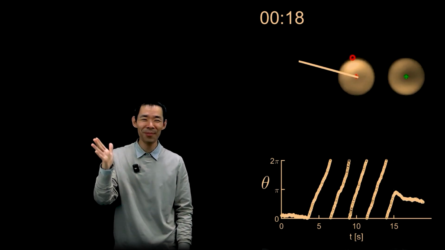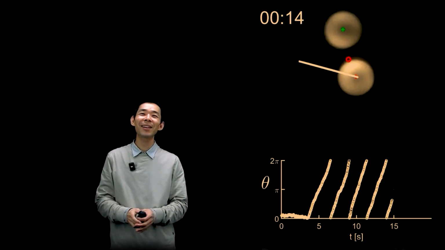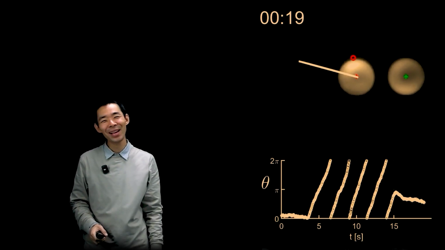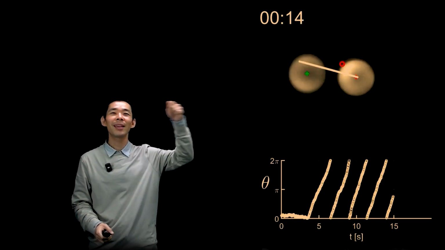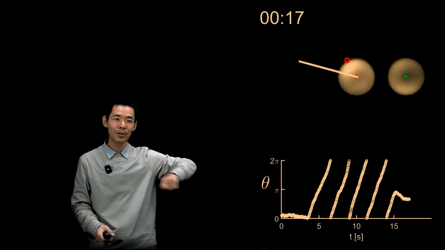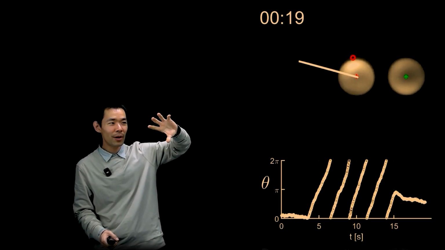What is immediately obvious to you, hopefully, is that the colloid backspins and reverses in the opposite direction. It was spinning in the counterclockwise direction, but as soon as you stop it, the center particle reverses and backspins in the clockwise direction. This is kind of interesting.